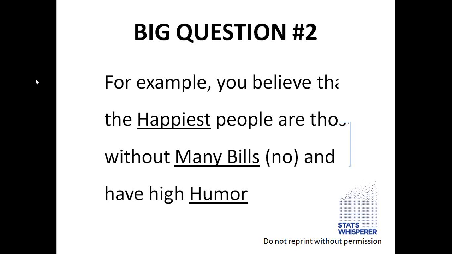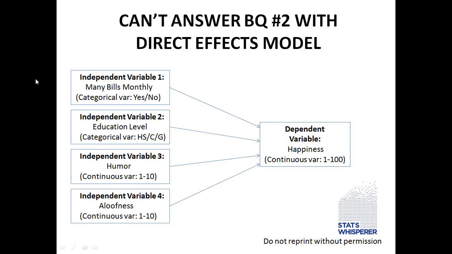So when you look at our figure, you can't tell that by how this analysis is structured. What we're looking at here are what they call direct effects. So when we say, how does many bills monthly relate to happiness? That's a direct effect.